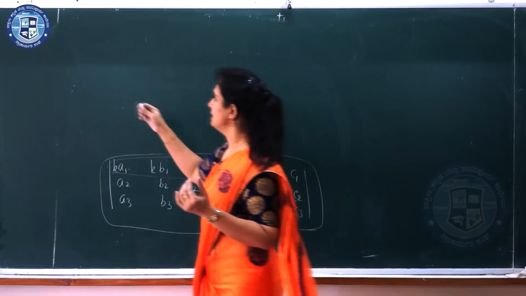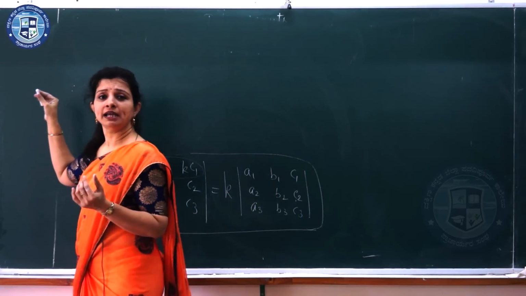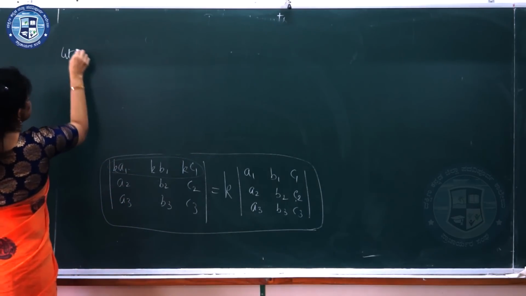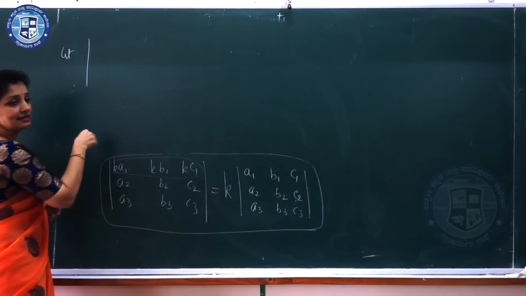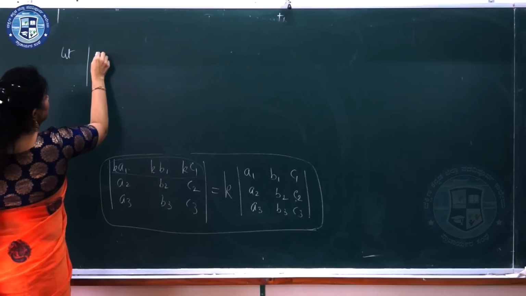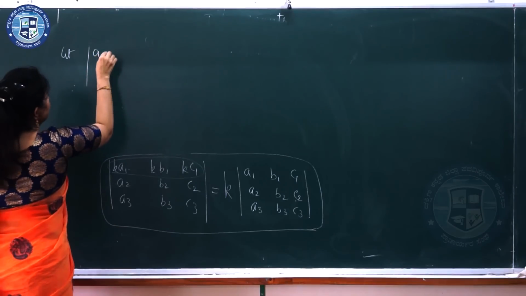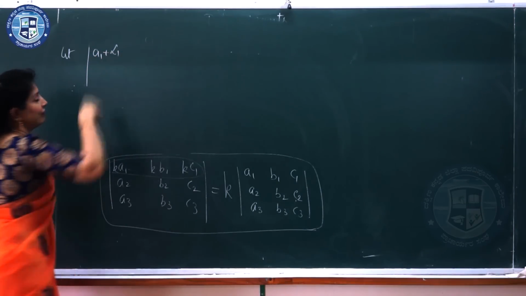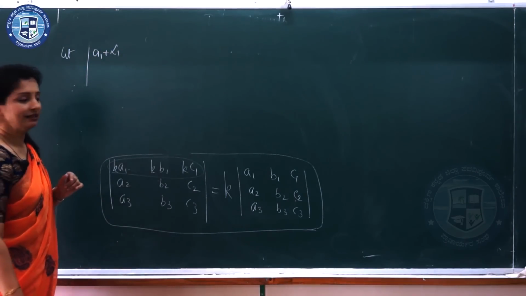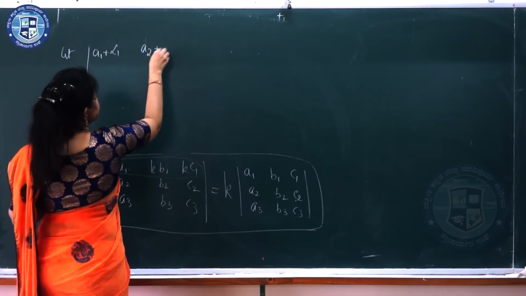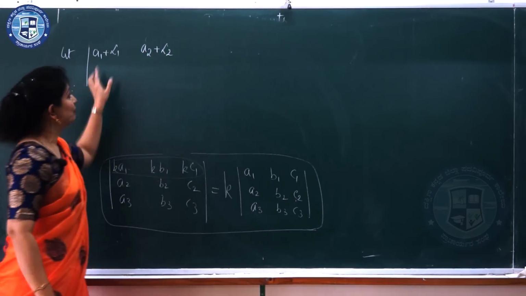What do you mean by that? If each element of a row or column is the sum of 2 terms, let us consider the determinant as, first row elements are the sum of 2 terms, that is A1 plus alpha 1, and the second element is A2 plus alpha 2.